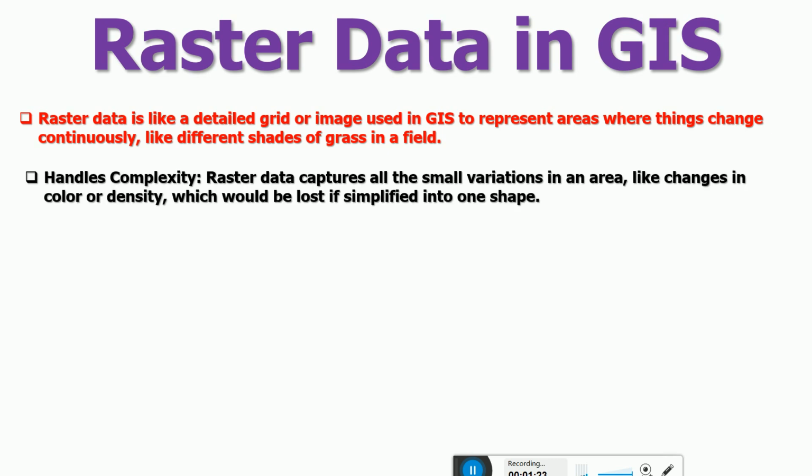This will become clearer. Raster data captures all the small variations in an area, like changes in color or density, which would be lost or simplified into one shape.